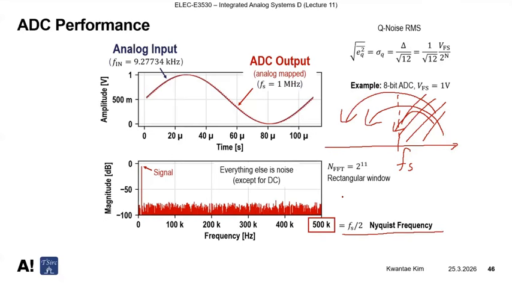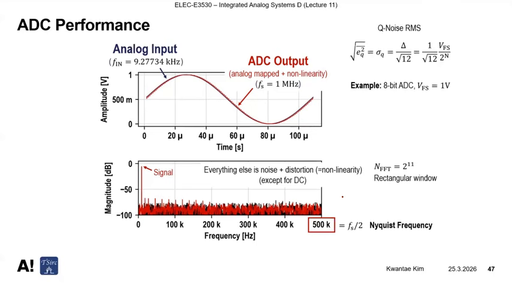Except for this signal, and except for DC components, here we have a DC offset, 500 millivolt. Except for DC, except for signal, everything else is noise. That is how we analyze our ADC spectrum. This is the same: except for signal, except for DC, everything else is noise plus distortion. So we have noise and we have distortions, which are our spurs here.